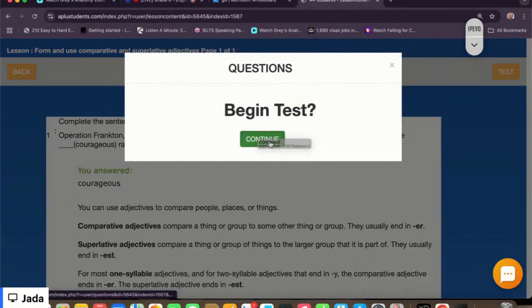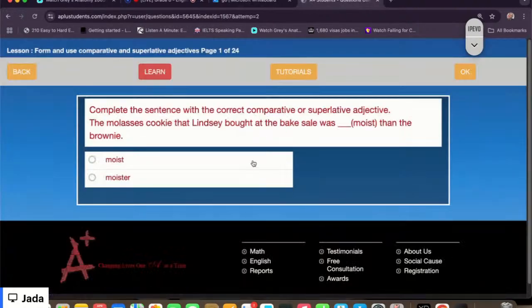So we'll move on to the test. Just remember that if it's one or two syllables, you have to use er or est, and if it is more than two syllables, then you use most or more. So we have: the Moses cookie that Letty bought at the bake sale was moist than the brownie.